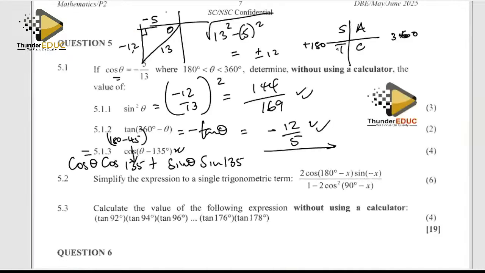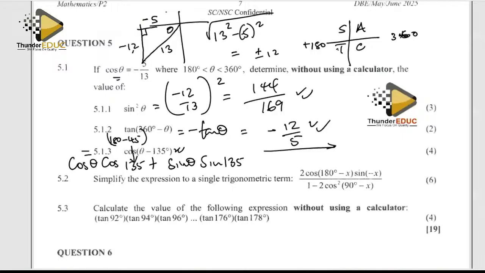It's going to be cos theta multiplied by negative cos 45, since cos is negative in the second quadrant, and then we are adding sine of theta and the sine of 45.